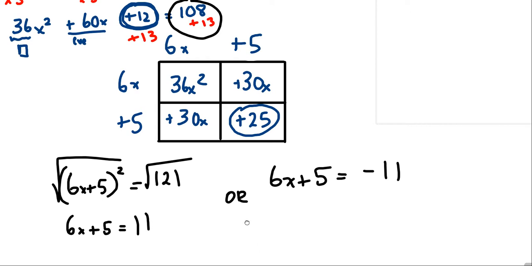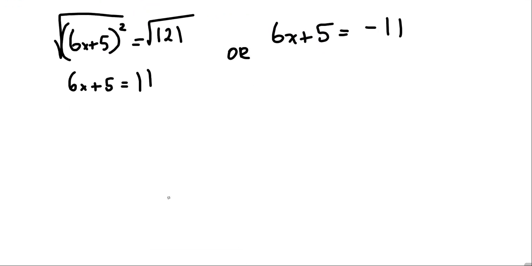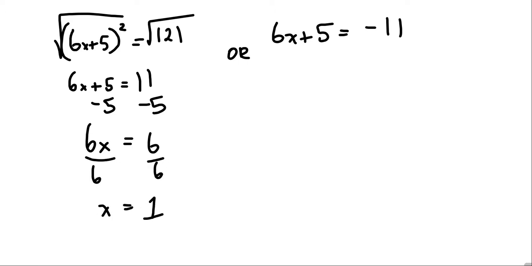Okay, so minus 5 minus 5. 11 minus 5 is 6. 6x equals 6. Well, divide by 6. What's 6 over 6? 1. Happy little 1. Nice easy number. Yay. All that work to get the easy number. Otherwise, fractions and decimals would be your problem to get there.